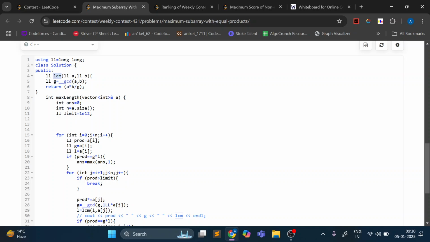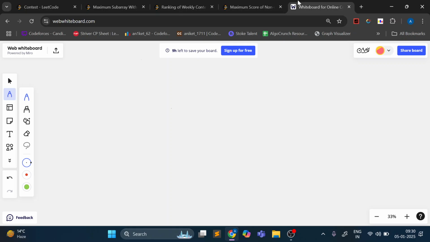And the formula for LCM is a times b. So let's say we have to find the LCM of a comma b. It would be equal to a times b divided by GCD of a comma b. So this is the formula for LCM.